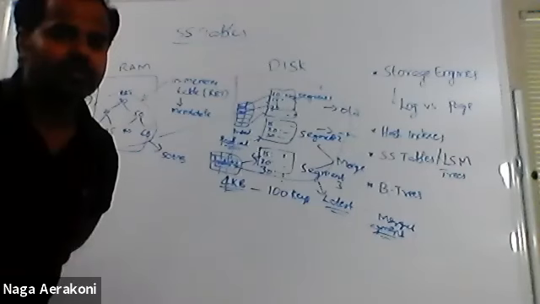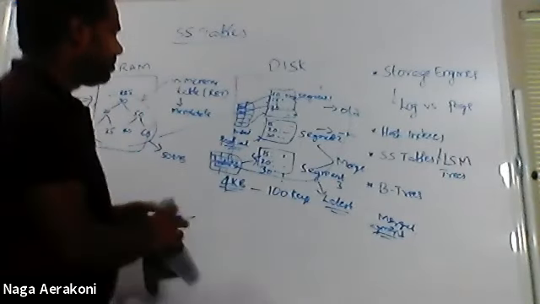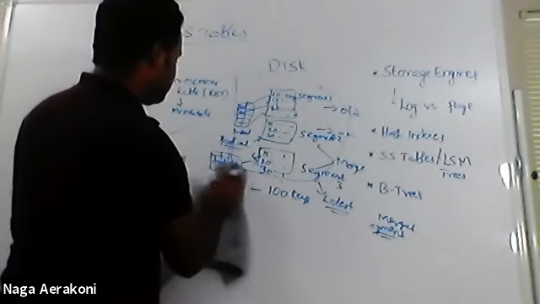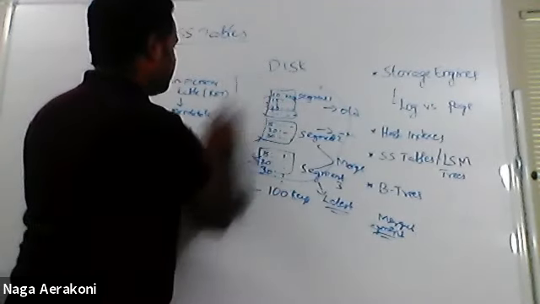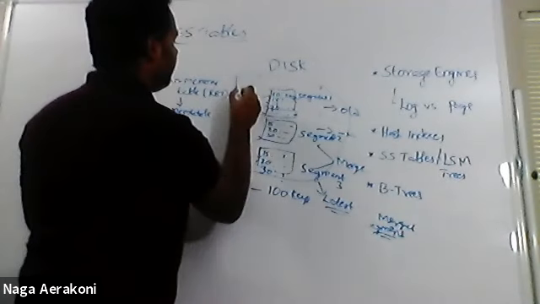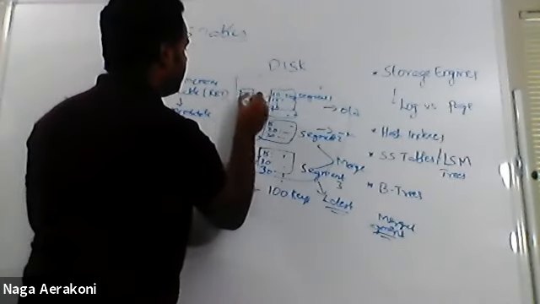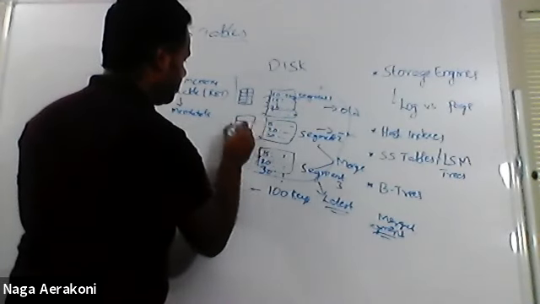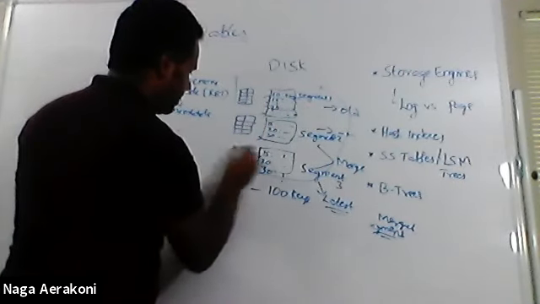Can you explain the partial index part again? What would be the key there? I understand the value would be the index segment, but what would be the key for the partial index? It's the same key which we are actually using. This is the index for this, and this is the index for this, and this is the index for this.